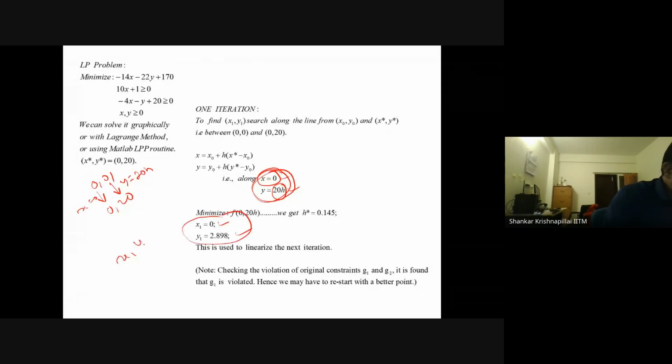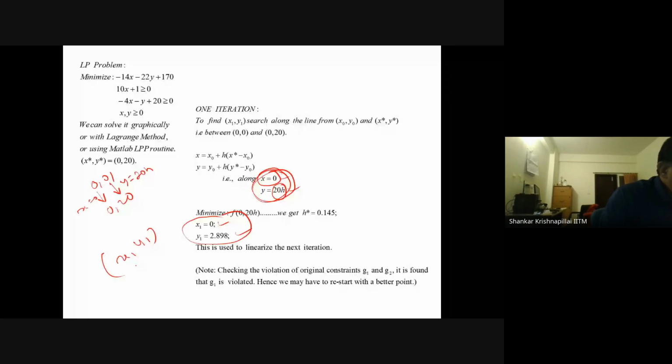This is the starting point for linearizing in the next iteration. In the next step, the objective function and constraints must be linearized at x equal to 0 and y equal to 2.898.